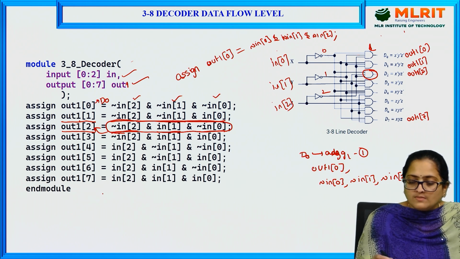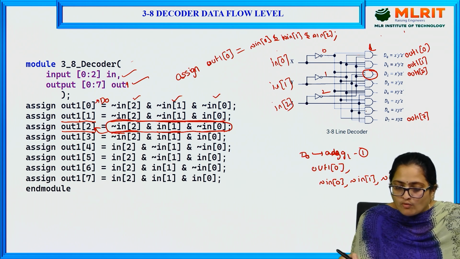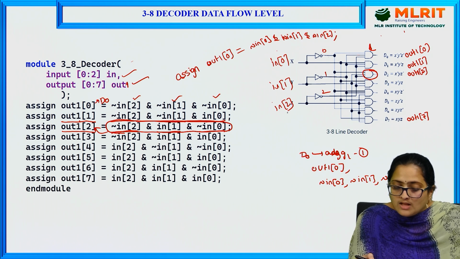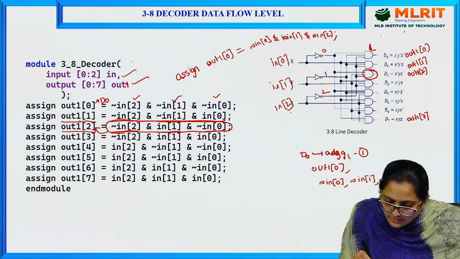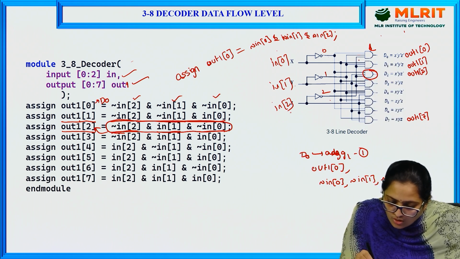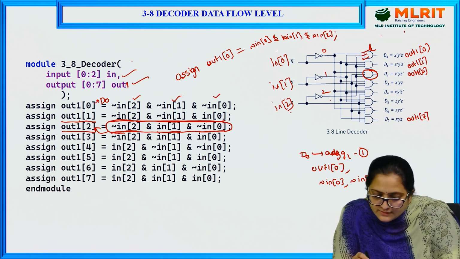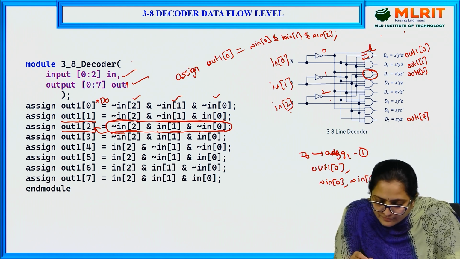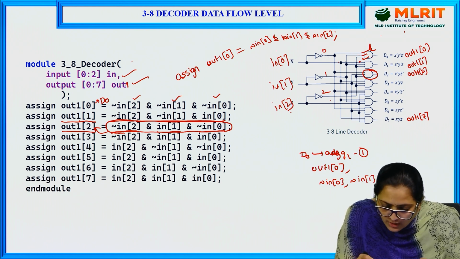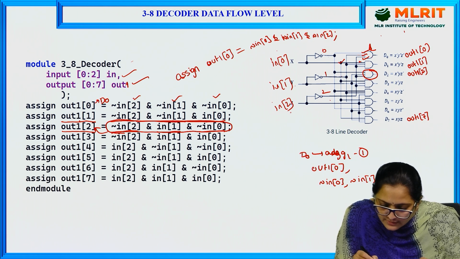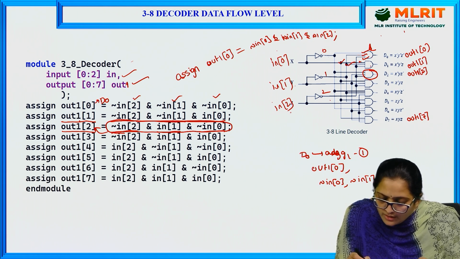So AND operation will be performed between X, Y, Z and complements of X, Y, Z based on this circuit. If you look at the circuit, the inputs of this AND gate are complement of IN2, complement of IN1, complement of IN0. For this AND gate, it is given complement of IN0, complement of IN1 and complement of IN2.